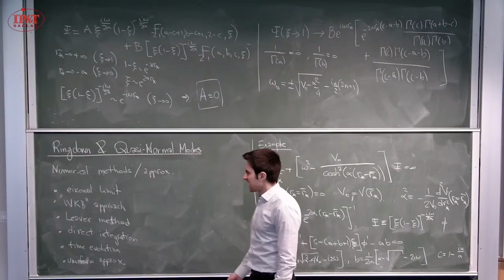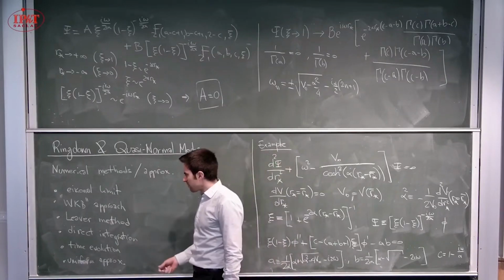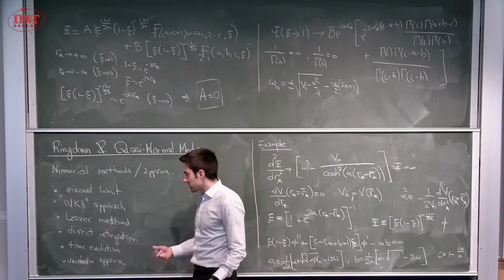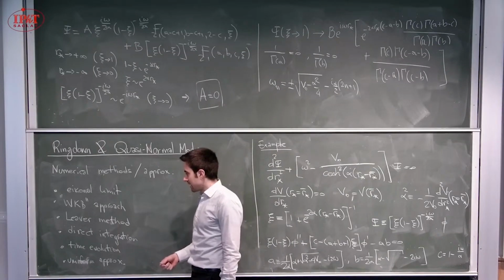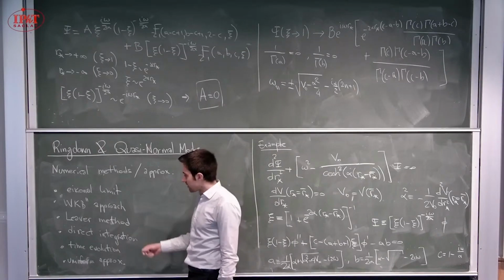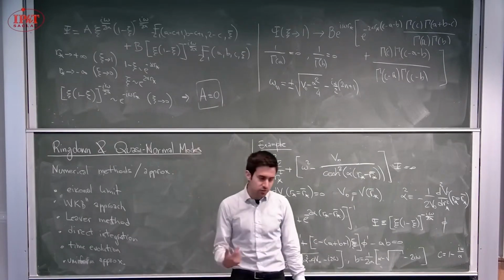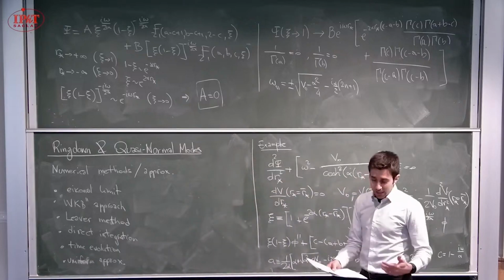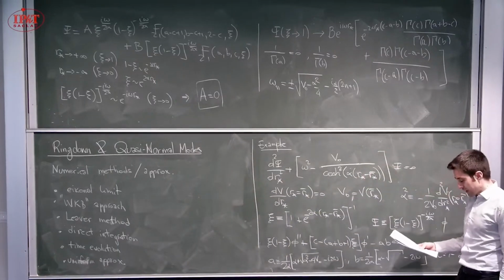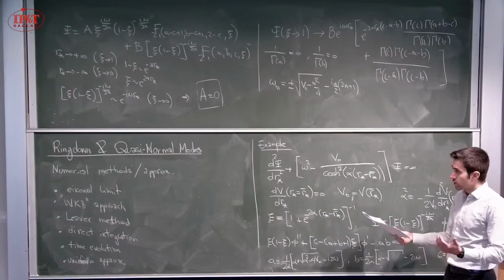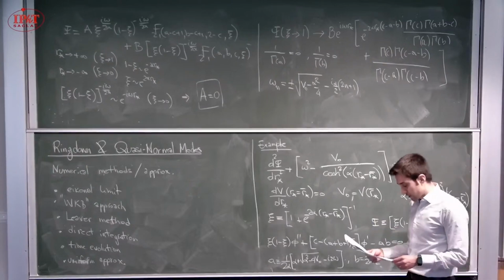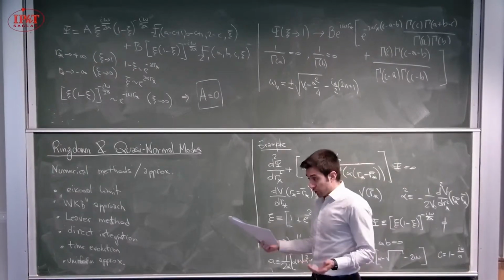For instance, the WKB approach is not particularly efficient. The Leaver method or the uniform approximation can extract the quasi-normal modes with higher precision. Of course, you have to have the explicit form of the potential, which we know.